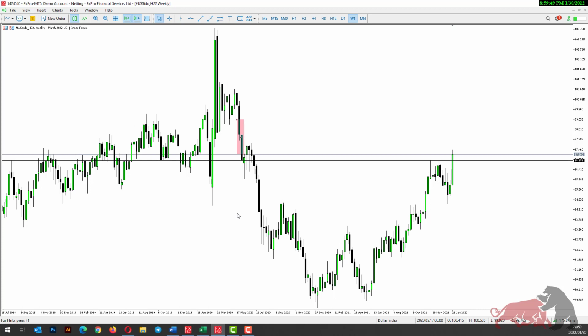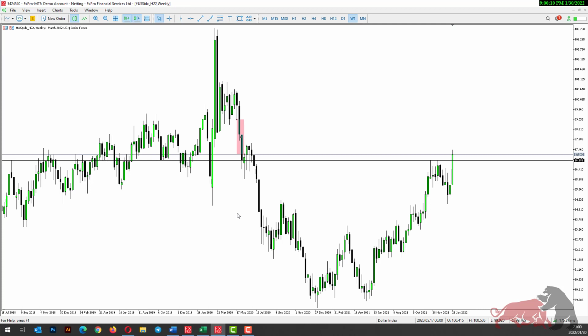Now, do we have anything on the calendar or fundamentally that can support that strong move to 100 on dollar? Yes, we've got number one, interest rates. They are definitely gonna increase the rates, the Federal Reserve, probably a couple of times this year.